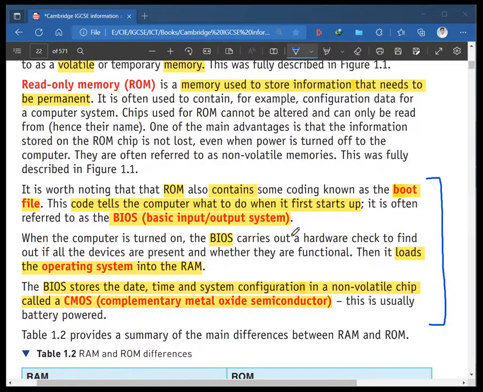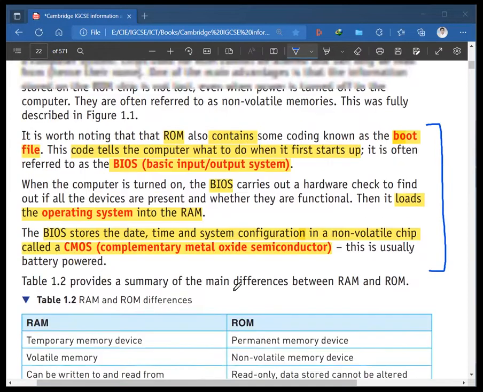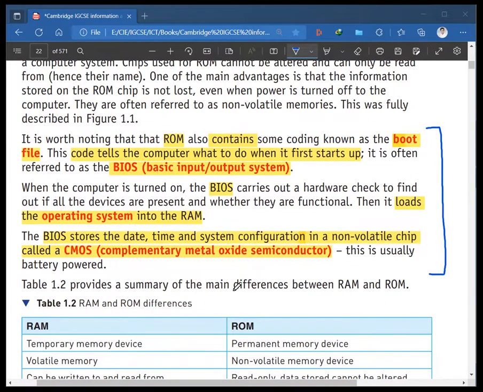ROM contains the boot file. The code tells the computer what to do when it first starts up. BIOS, basic input or output system. BIOS loads the operating system into the RAM.